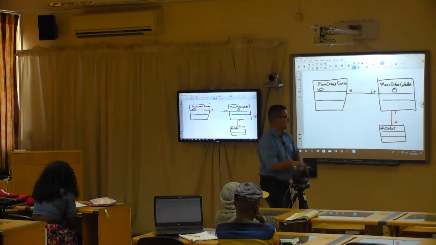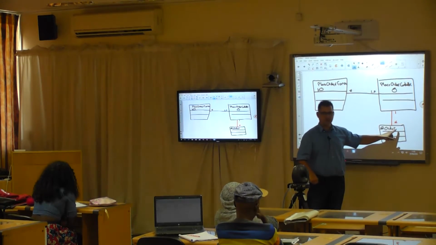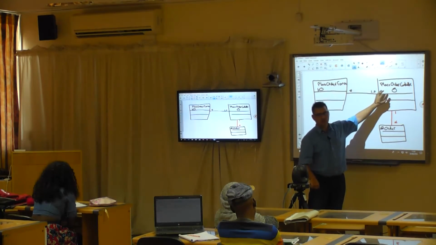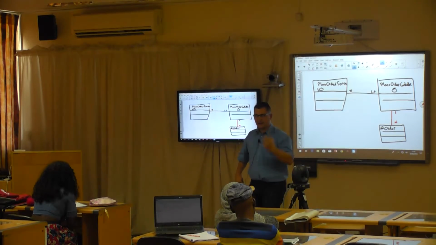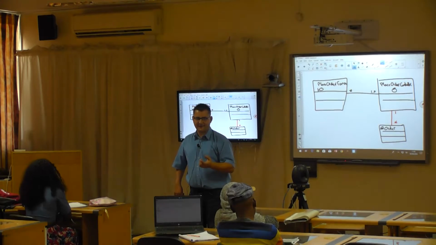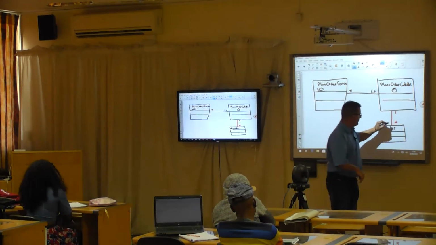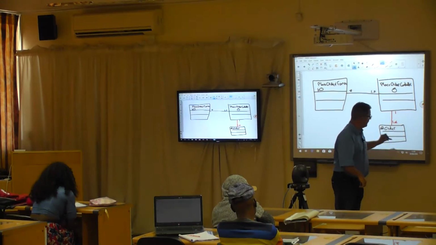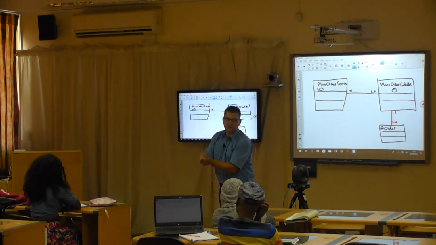Is there a minimum on this side, on the order side? The place order controller is creating an order. So in that case, we're talking about 1. But it can also retrieve many different orders, possibly.